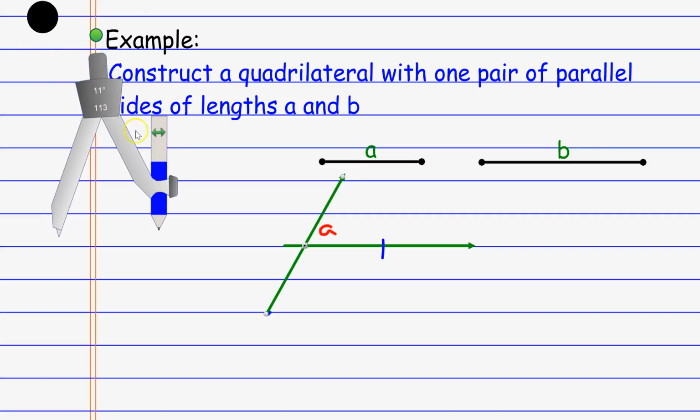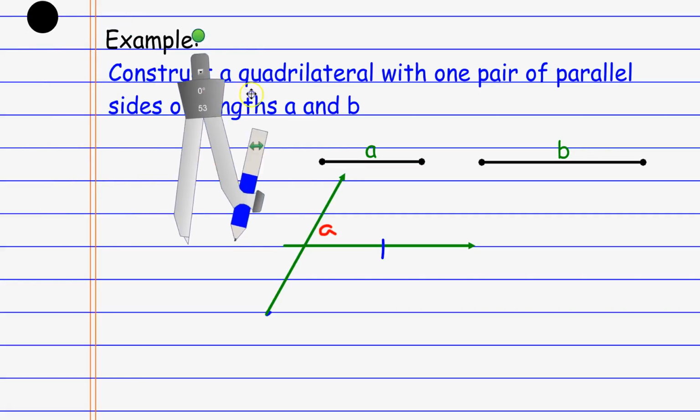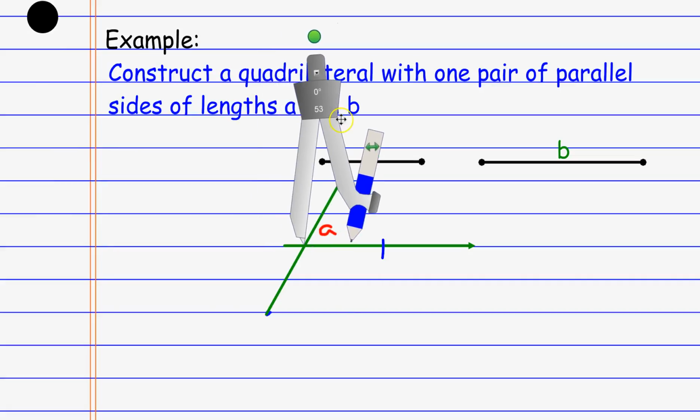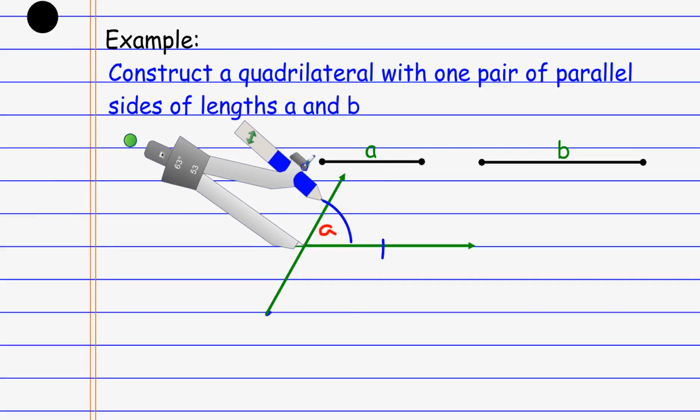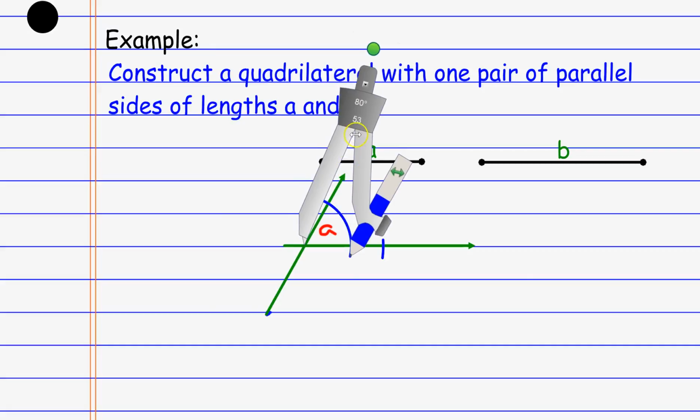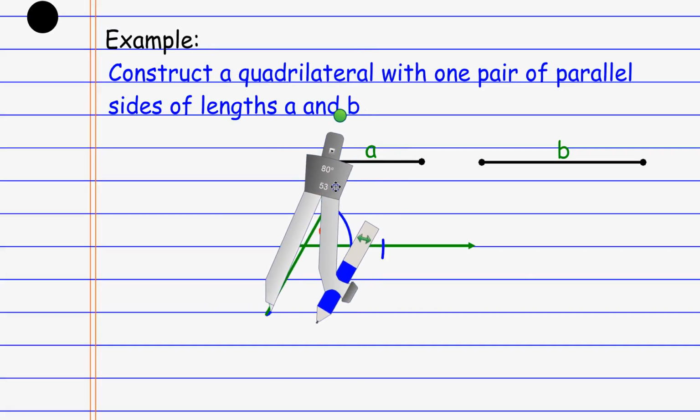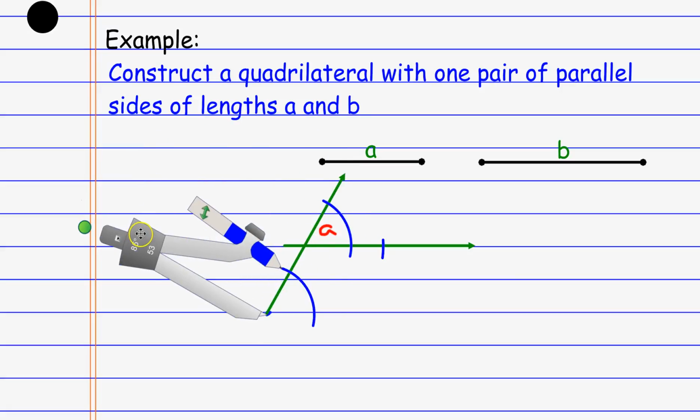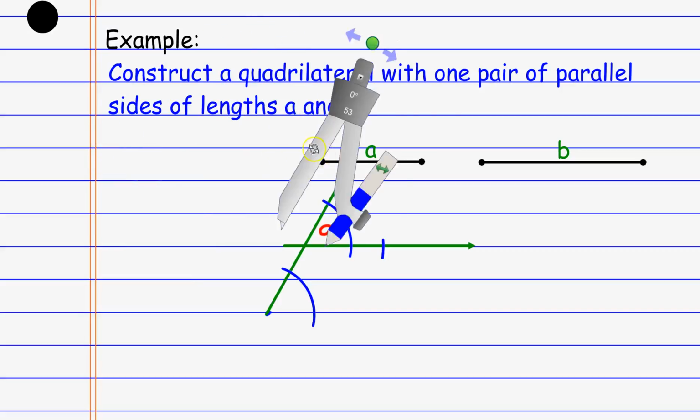So in order to copy this angle, I once again just strike an arc across the angle. Come over here and I strike an arc across here. I transfer that arc. And now I measure across this angle.